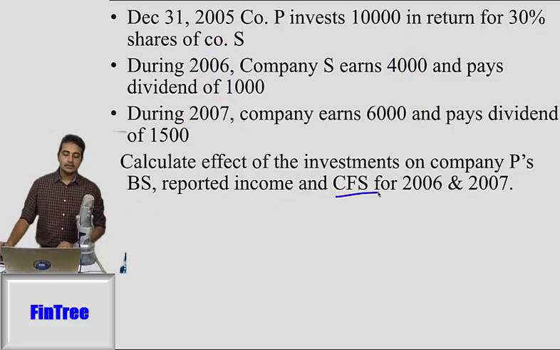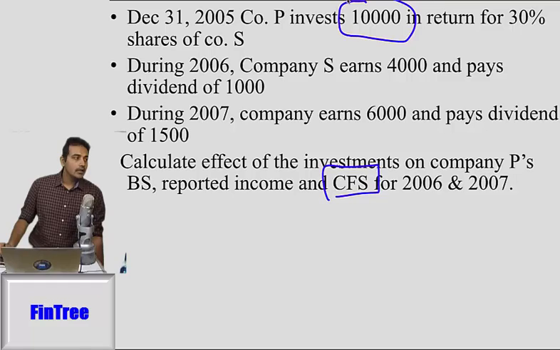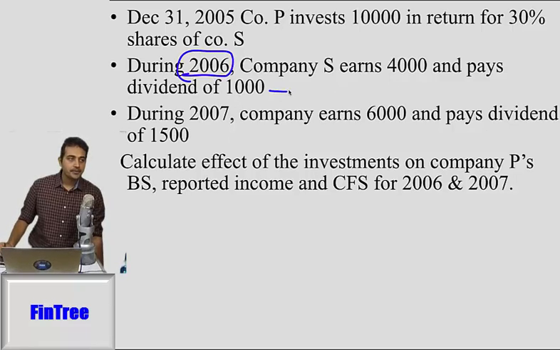Now on the cash flow statement, in year 1, 2005, we will have an outflow of 10,000, which would be CFI, because that is your investment. In 2006, we will have an inflow of 300, and that inflow would be CFO or CFI; if it's IFRS then CFI.